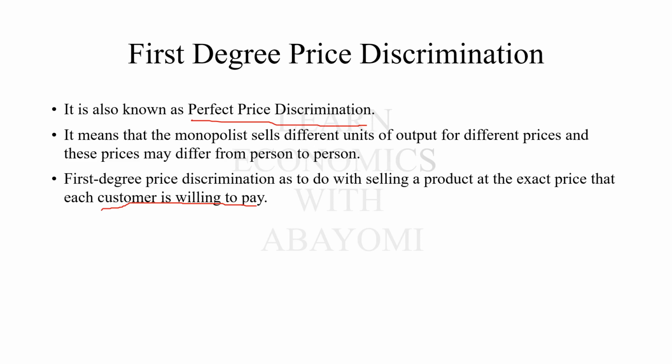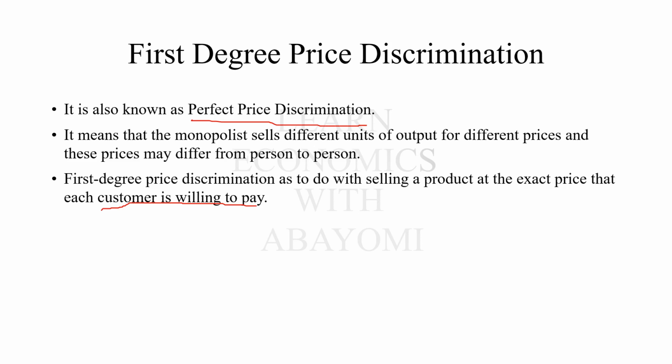So the first degree has to do with selling a product at the exact price that each customer is willing to pay. At this point, the monopolist is able to gather some information about the customer to know the amount he or she is willing to pay, and tries to rip off the surplus from the consumer. For example, I might be a seller that sells a particular product, and you are the buyer.